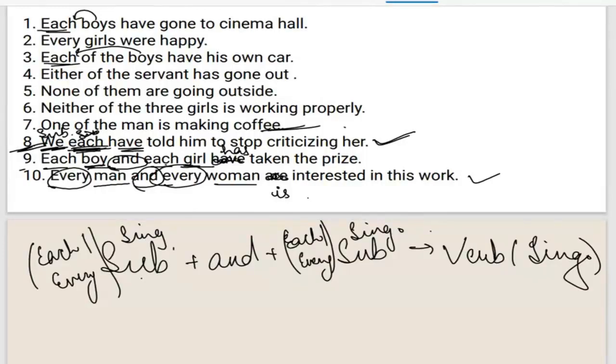Whenever each is used after a noun or pronoun, then each does not behave as the subject of the sentence. Then the noun or pronoun used before each behaves as the subject, and we put the verb according to that subject. If it is singular, you will be using a singular verb. If it is plural, you will be using a plural verb. So here we is behaving as the subject, and according to it we are using a plural verb in the sentence. And there is no error in sentence number 8.